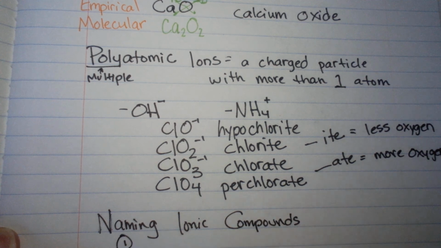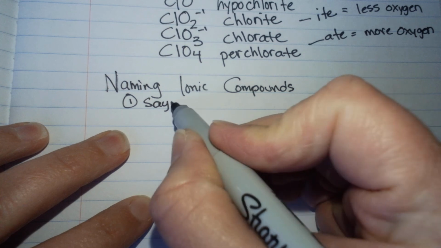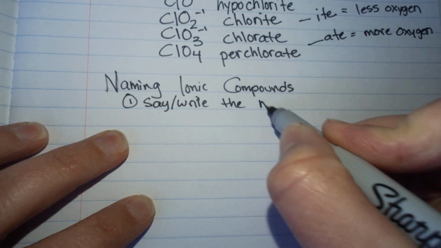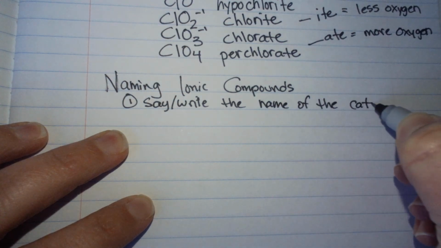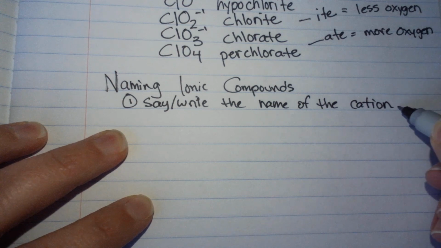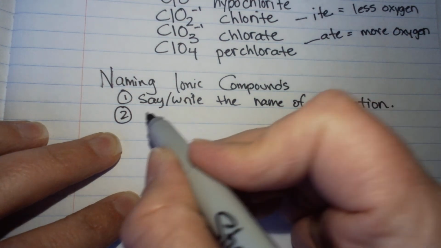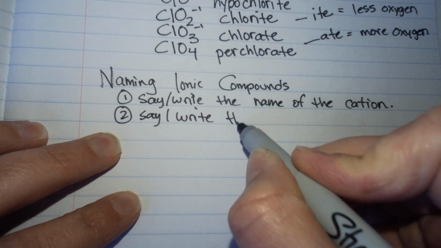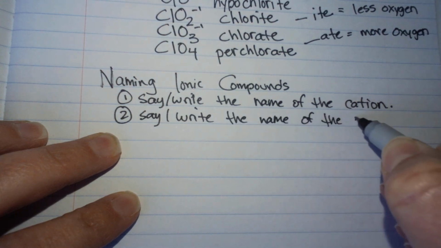The first step, say or write the name of the cation. Ionic bonds are pretty simple, because the second step is say or write the name of the anion.